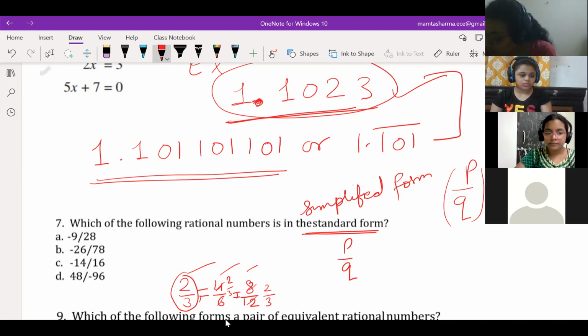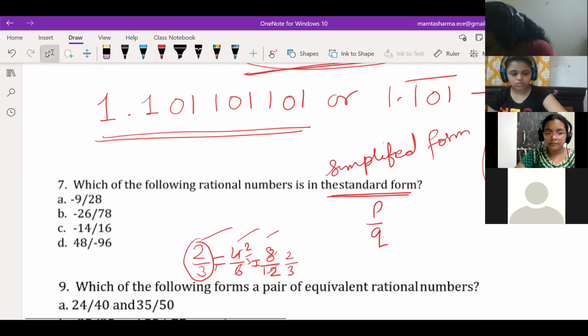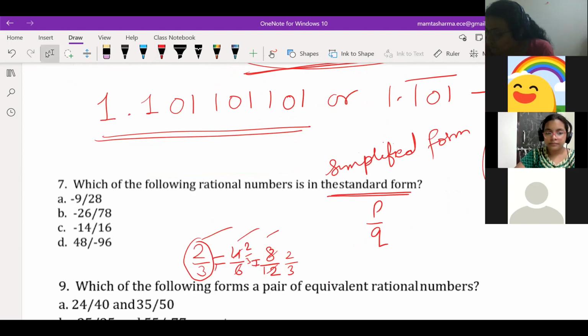Now look in the choices and tell me which choice is correct. The first one, ma'am. Why? Because it cannot be simplified further.